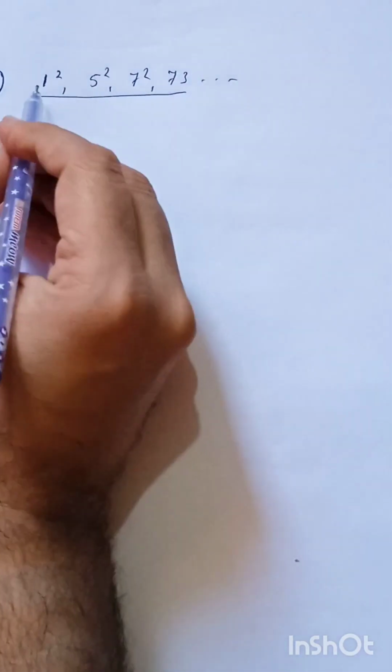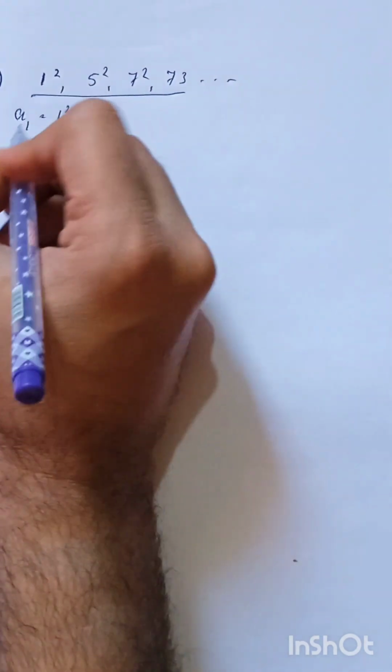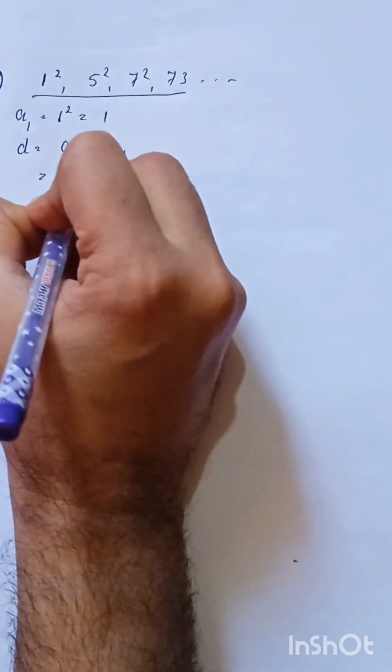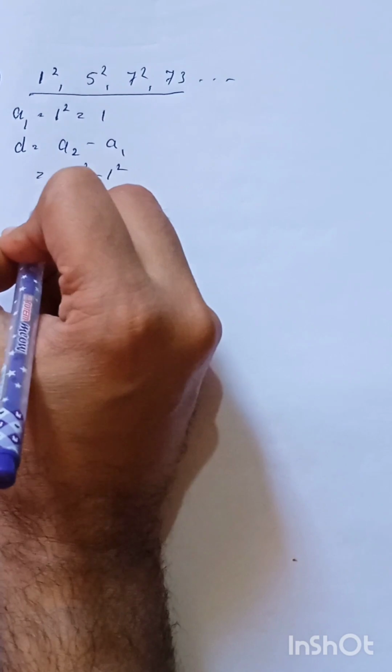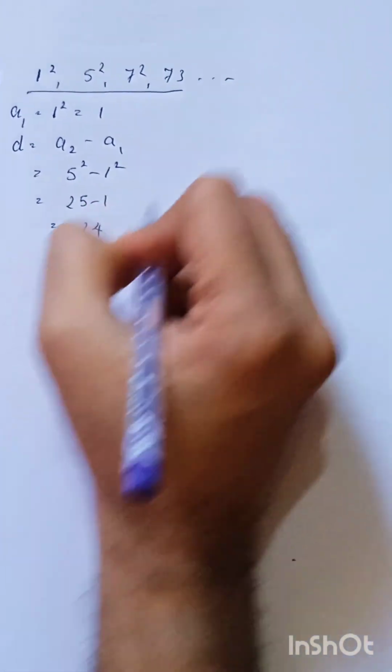Let's do the last one. a1 equals 1 square, that is 1. D equals a2 minus a1, that is 5 square minus 1 square, that is 25 minus 1 equals 24.